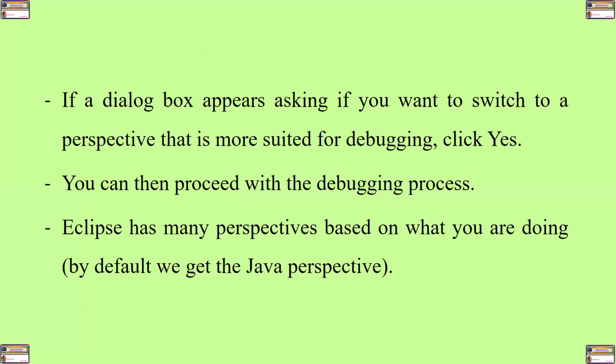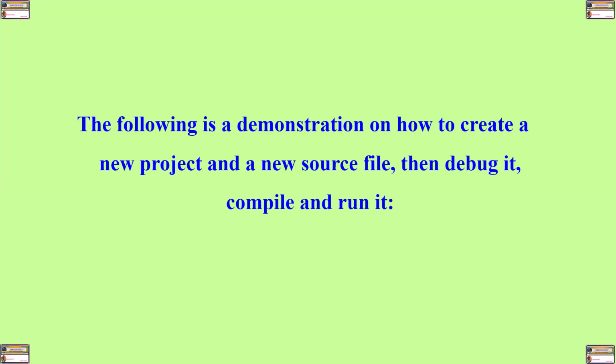Eclipse has many perspectives based on what you are doing. By default, we get the Java perspective. The following is a demonstration on how to create a new project and a new source file, then debug it, compile it, and run it.